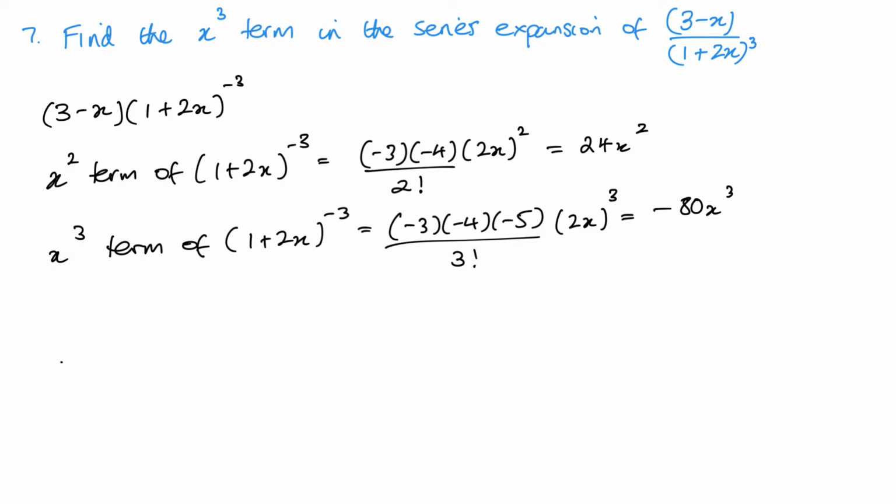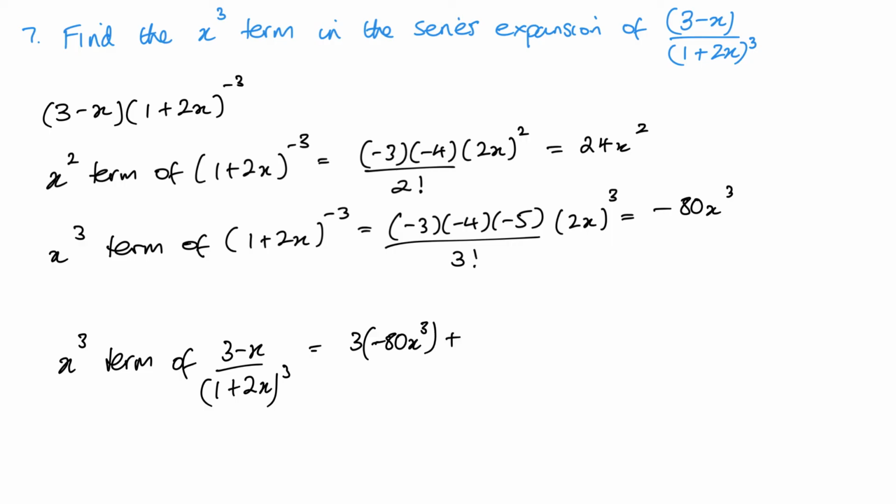Now my x cubed term of 3 minus x over 1 plus 2x cubed, that's going to be 3 times my minus 80x cubed plus minus x times 24x squared.